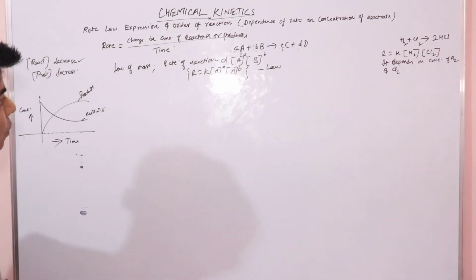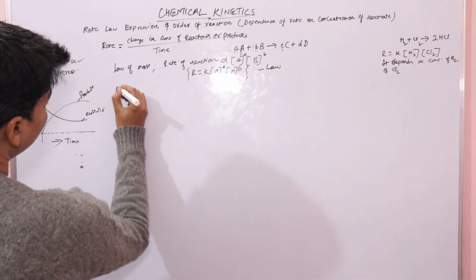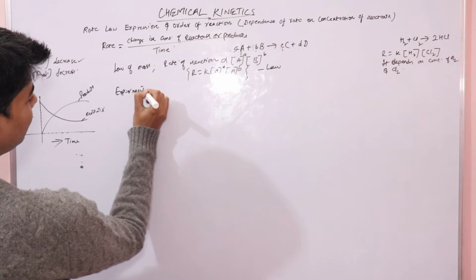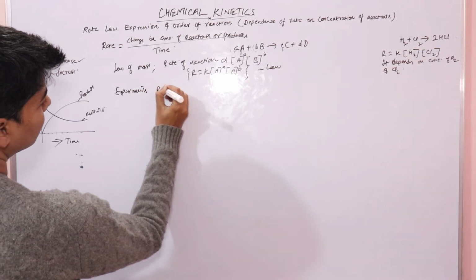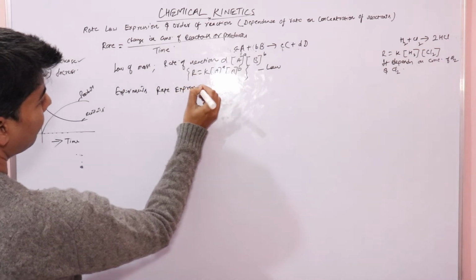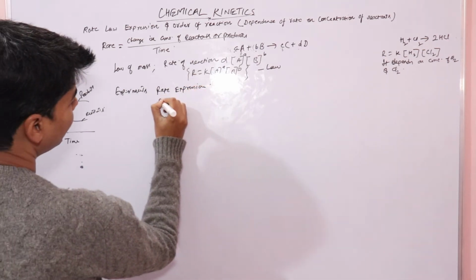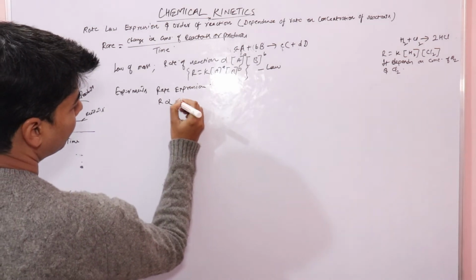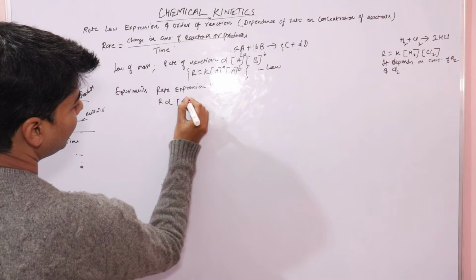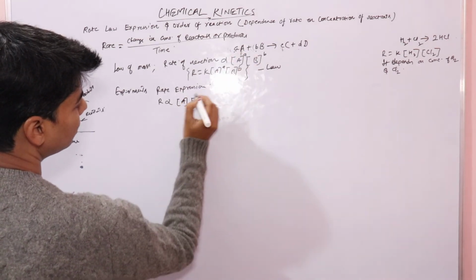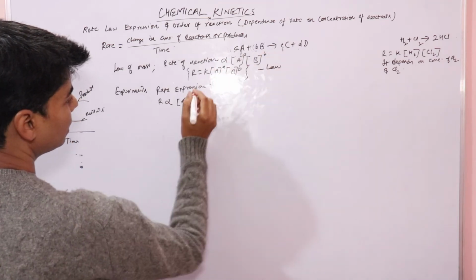So experimentally, the rate expression would be: rate is directly proportional to A, B, for the same generic reaction.